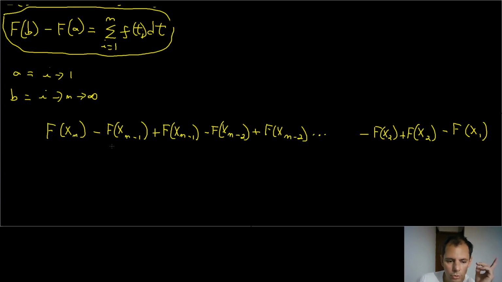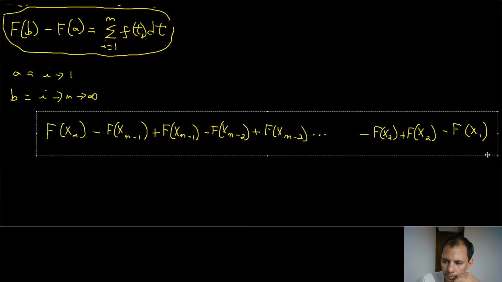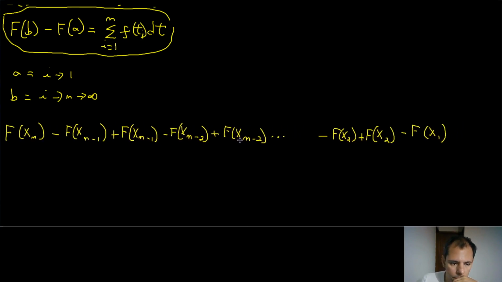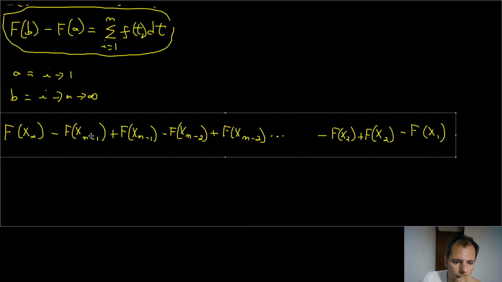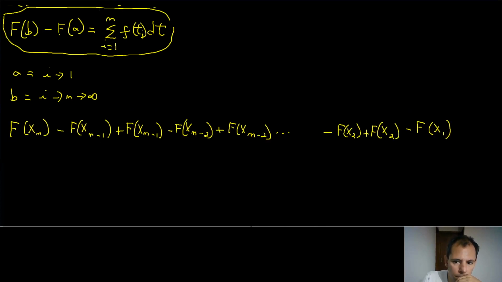You know what you can do? I'm just going to drag this thing here. You can multiply this whole thing by delta x, and since you're multiplying the whole thing by delta x, you have to divide the whole thing by delta x.